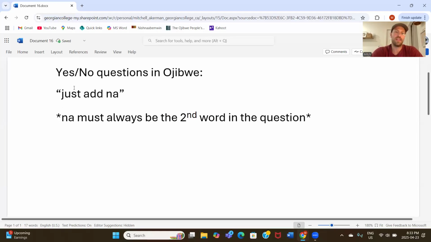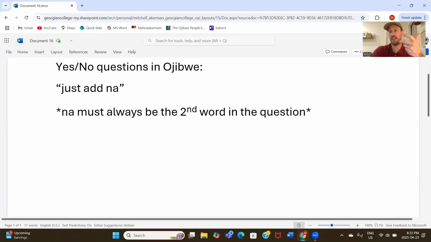Now, that also highlights that there's another special spot, and that special spot is the first word in the question. If na needs to be second, that means there's a first slot in front of it, and then you've got infinite slots behind it. So that first position, the first word in the question, is also very important. We looked at that last week as well.